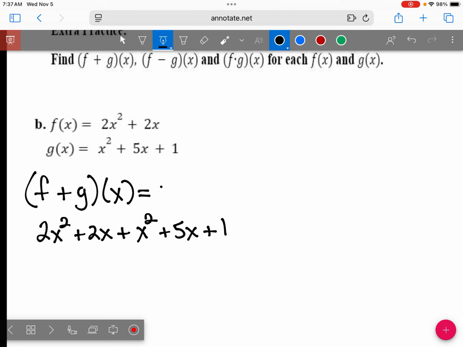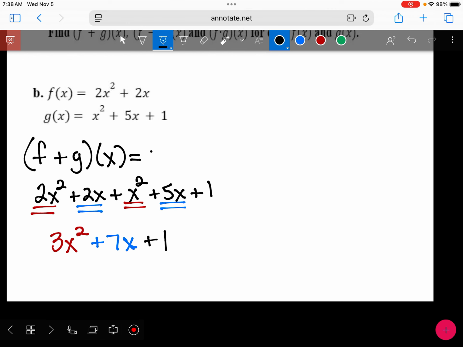We got our x squareds that we can add together. That would be 3x squared. Then we also have my x's. 2 plus 5 would be 7x. And then the 1 doesn't have a like term. So that's my addition.